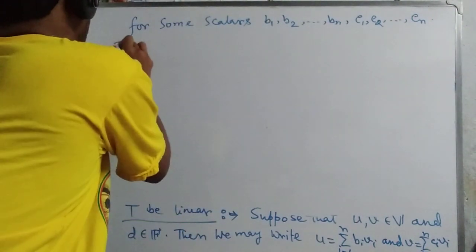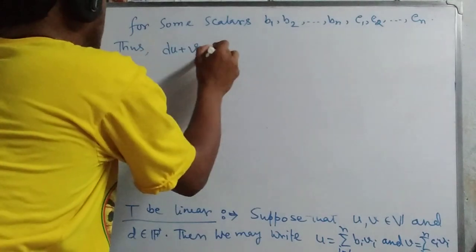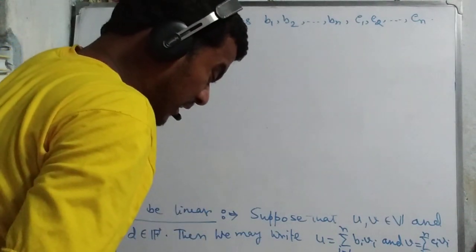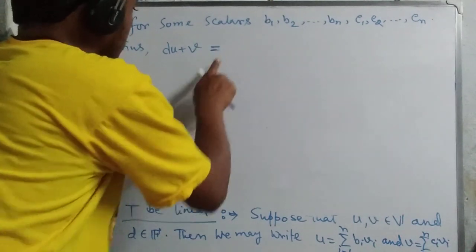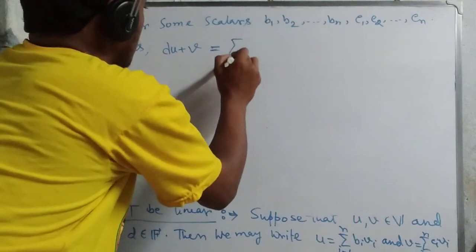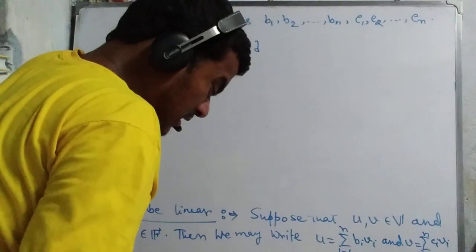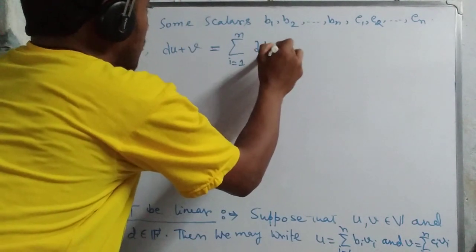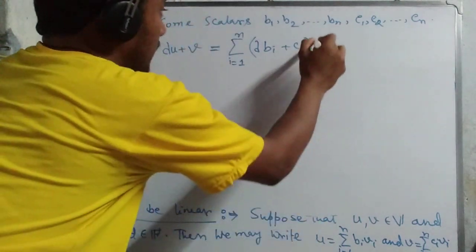Thus du plus v equals the summation for i equal to 1 to n of (d bi plus ci) vi.